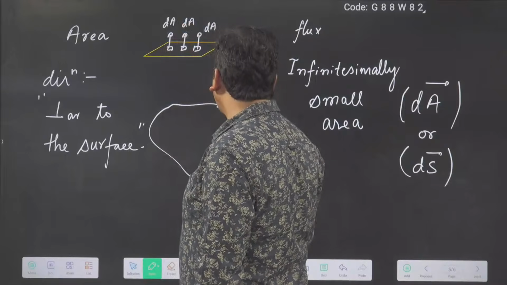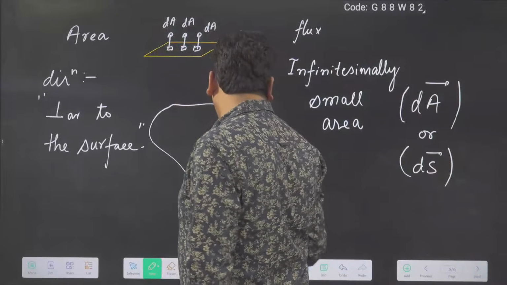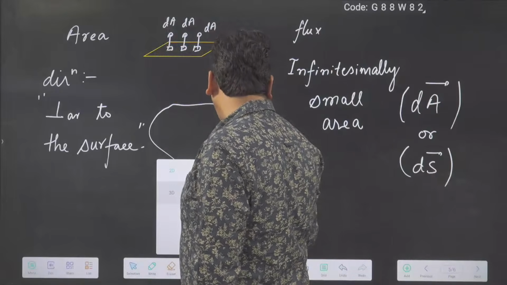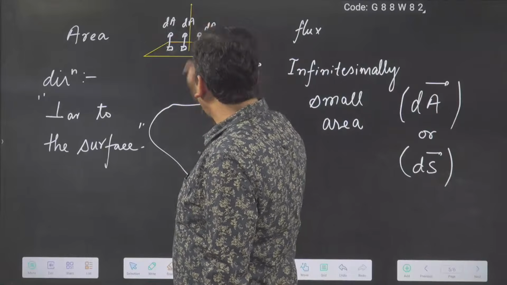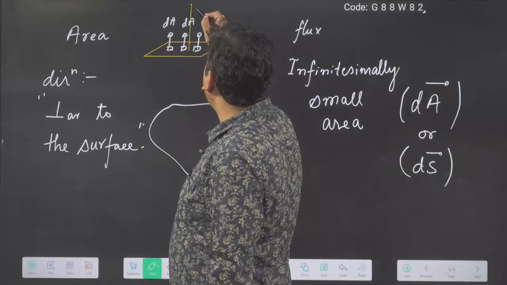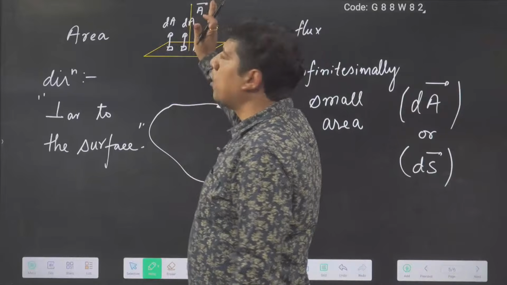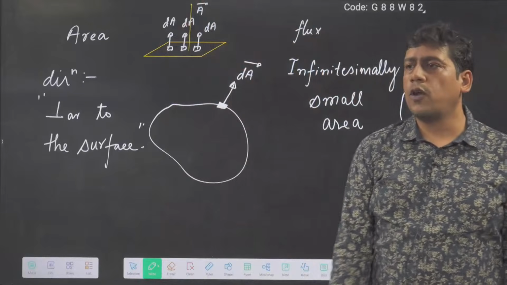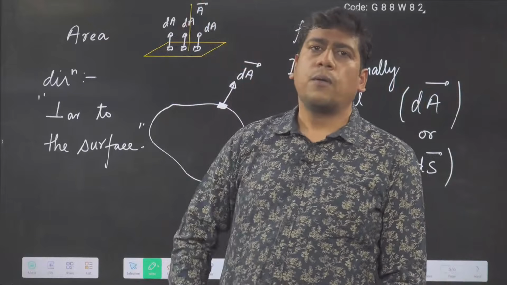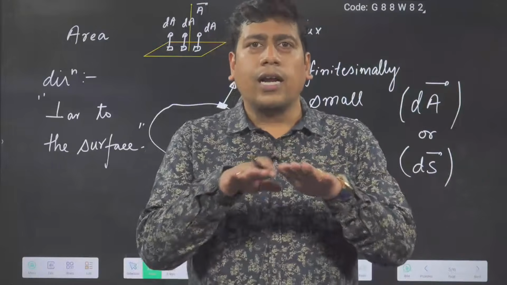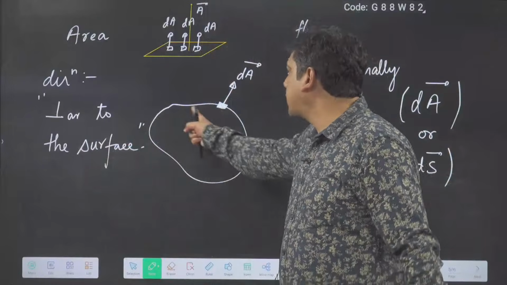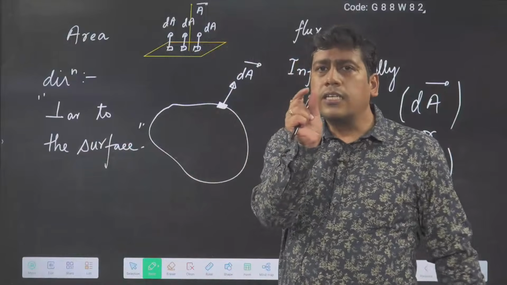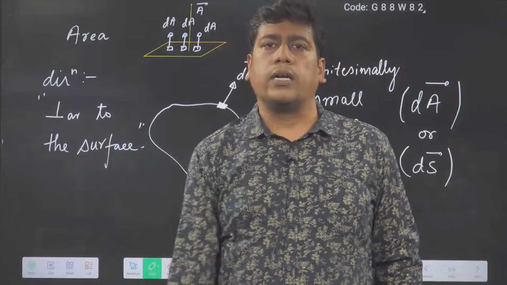So if someone asks you what is the direction of the area vector of the complete surface, you can say, sir, all the dA vectors will add, then the A vector will also be perpendicular. So for a plane surface, you can define the complete area as a vector quantity. But for other surfaces, you should define only a small area as a vector quantity.